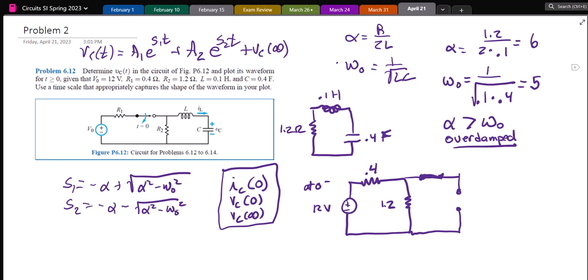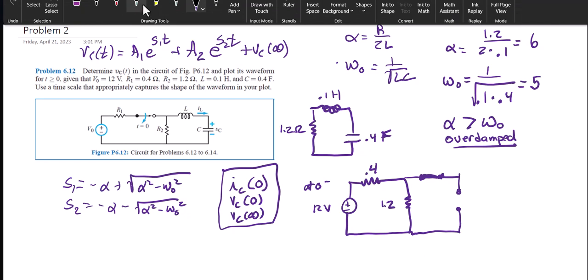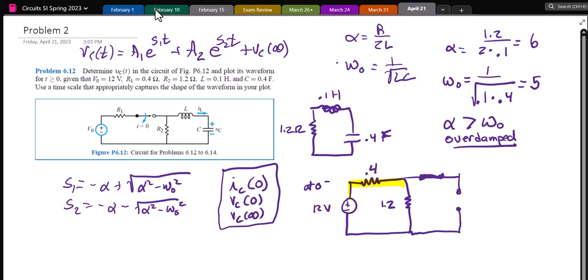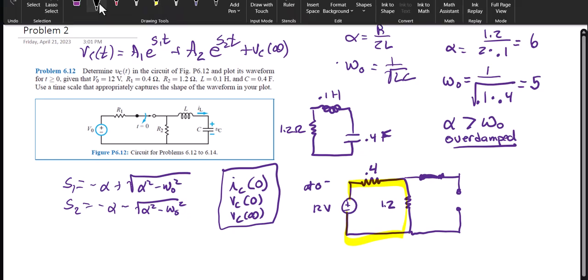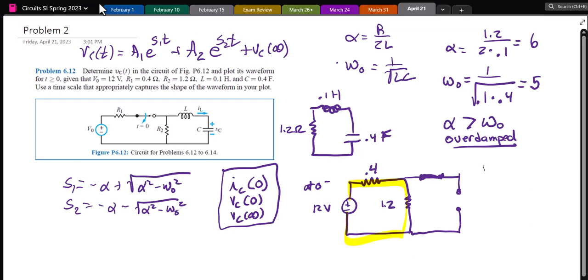Our inductor is a short circuit, and our capacitor is an open circuit, and our capacitor is in parallel with this resistor. We have a current that's going through here, and for that current, we have that our voltage is 12, and our total resistance is 0.4 plus 1.2, which is 1.6.